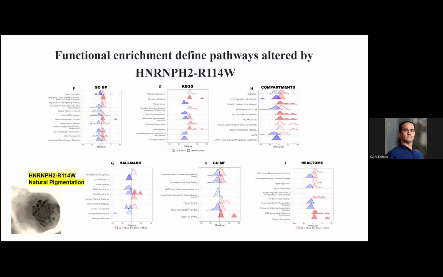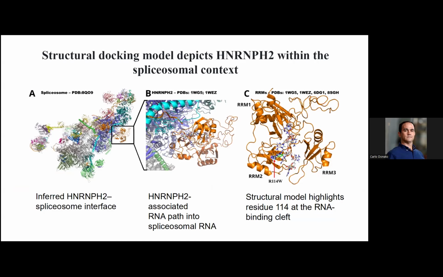So for example, an overrepresentation analysis can show that axon development terms are overrepresented within the downregulated gene set, while melanogenesis-related terms are overrepresented within the upregulated gene set in the mutant organoid.